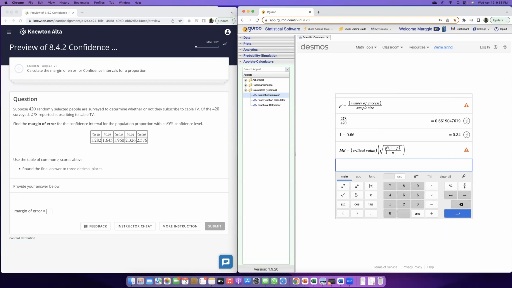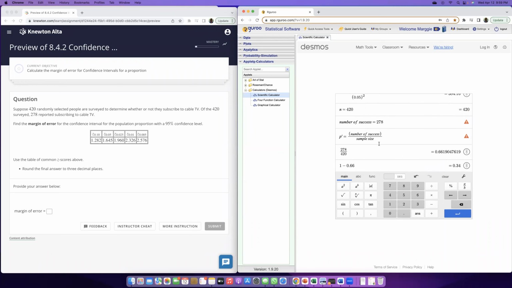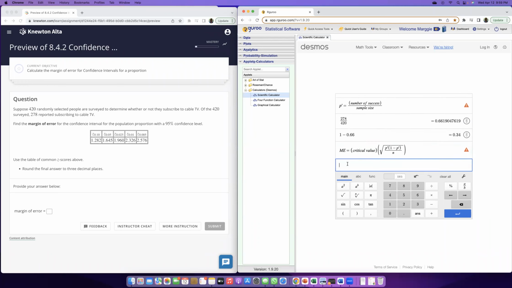All right, so there's your formula for the margin of error. So we need to find a critical point. So we have P estimate, and here is another estimate. So P estimate is 0.66, 1 minus P estimate is 0.34, n is our sample size, which is 420. So we have everything but the critical point.